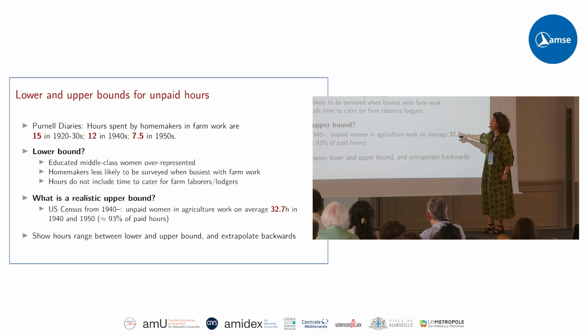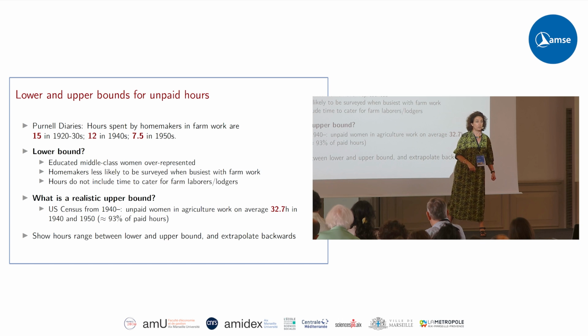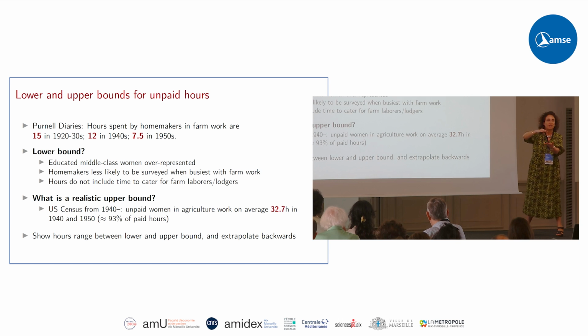This 33 per week is about 93% of full-time hours in the paid sector. So basically we are talking about something that goes from, say, 15 to 32. It's a relatively large band in which we cannot really say all that much. So we have to be conservative and consider a whole band of plausible estimates.